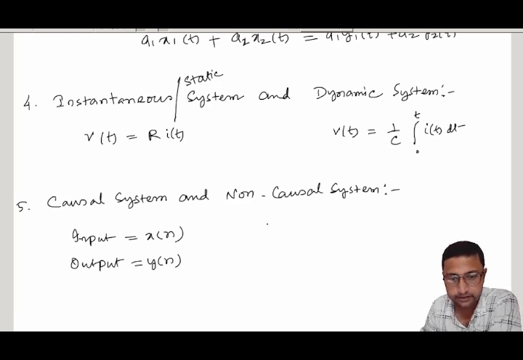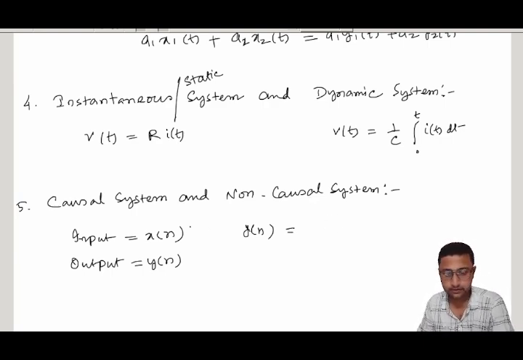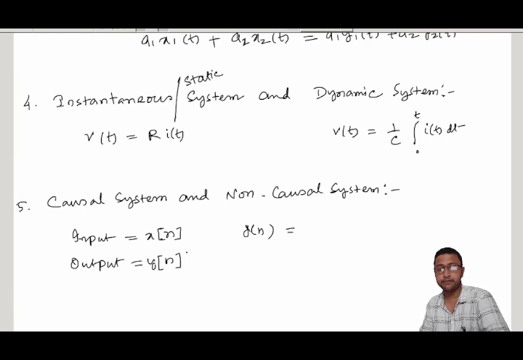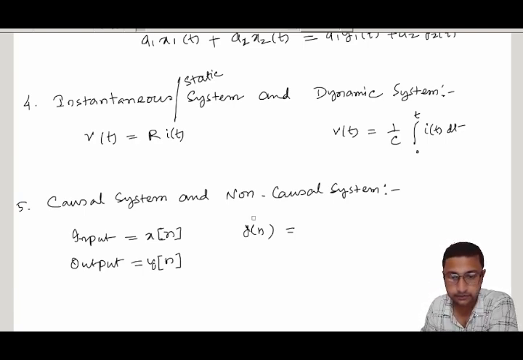A discrete time system is denoted by square brackets, because in my previous lecture I already told you that a continuous time system or signal is denoted by round brackets and a discrete time signal by square brackets.